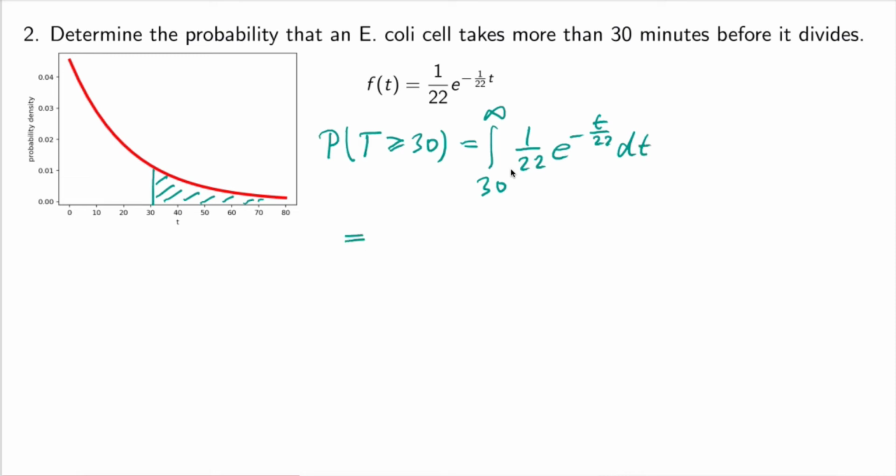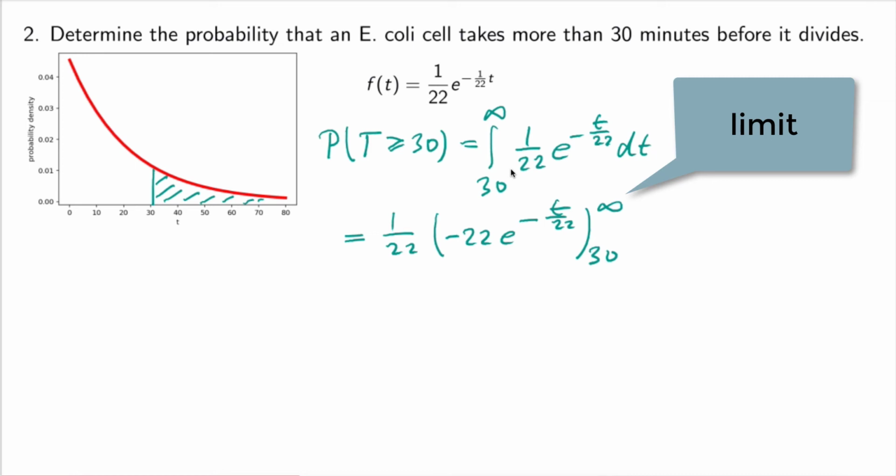So this is the same antiderivative we had before. We get 1 over 22 times minus 22 e to the minus t over 22, and then this evaluated between 30 and infinity. The infinity, remember, is always a limit, right? If we evaluate something at infinity, it needs to be seen as a limit. So then this first term becomes minus the limit as t goes to infinity of e to the minus t over 22.